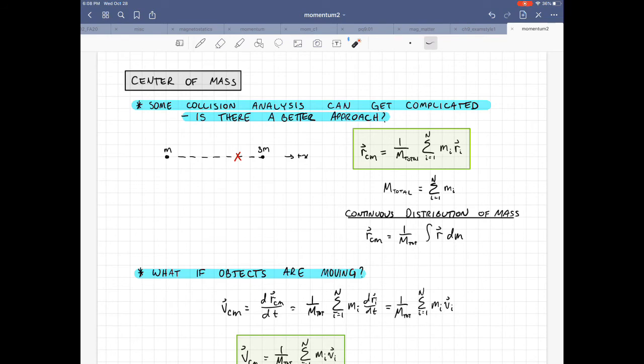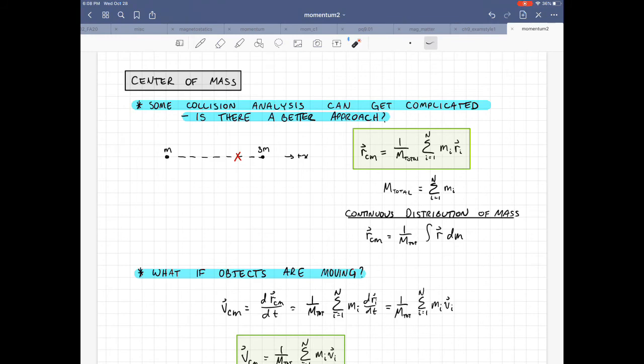And since position factors in here, which, remember, position is arbitrary, what you call the center of mass depends on what you pick as your origin. The location right here won't change, but whether you call that plus 3 meters or minus 3 meters or plus a half meter or 0 meters, that depends on the origin of your coordinate system.